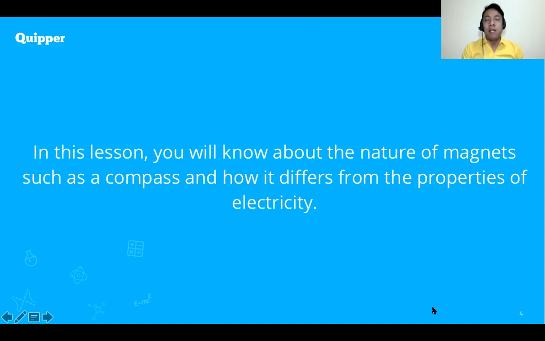Sometimes others think that if electricity has two parts that are attracted, and magnets also have two parts that are attracted, then they are the same, but not. So we will learn here the difference between those two.